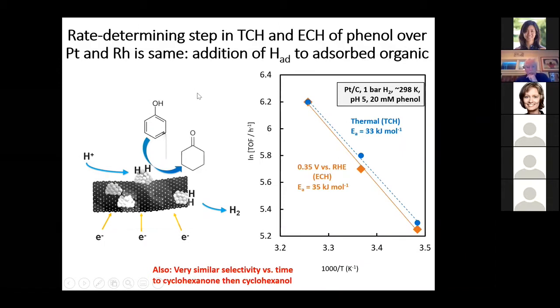And some of the collaborators on phenol and other people around the world had a strong opinion that the hydrogenation was happening by direct attack of the adsorbed organic by protons from the aqueous solution, which I had intuition reasons not to believe, and I hope to convince you that we have better evidence for this mechanism that I propose, and that led to the questions that we asked further on that become really the focus of this talk.